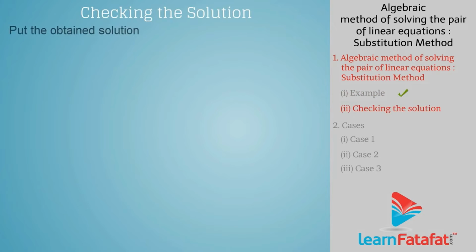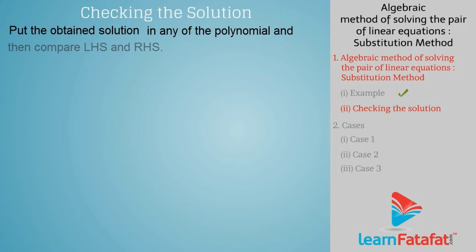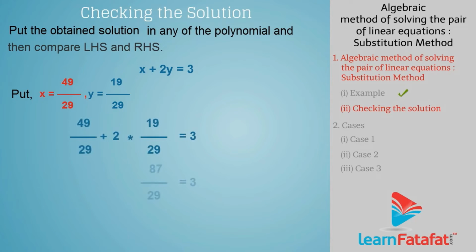Checking the solution. Put the obtained values in any of the equations and then compare LHS and RHS. x plus 2y is equal to 3. Putting x is equal to 49 by 29 and y is equal to 19 by 29 and solving the equation, we get LHS equal to RHS.